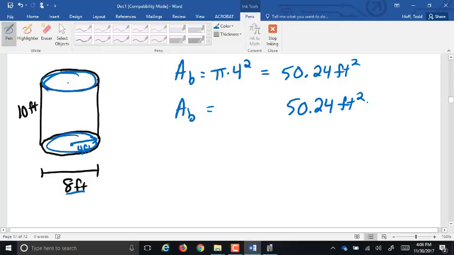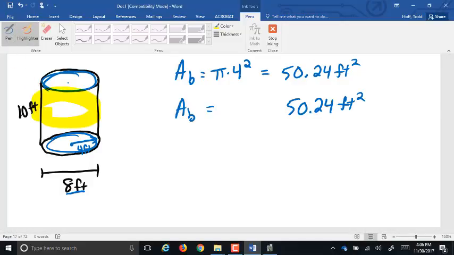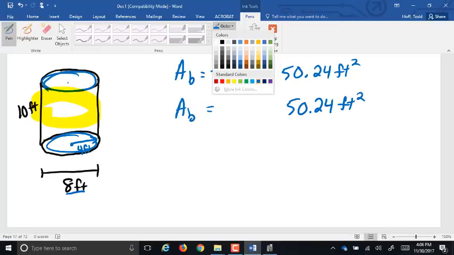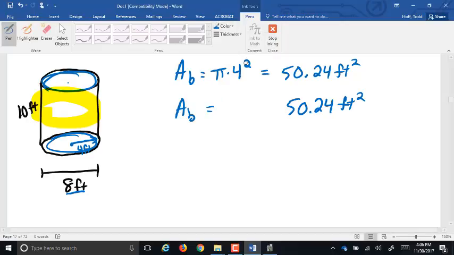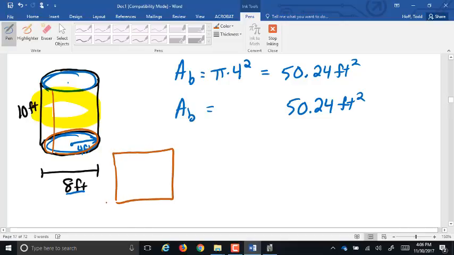Now you can see here in this case, this lateral area that wraps around here is not a bunch of rectangles that we can calculate and add up. But just like we did in that last problem, we can cut it up the side and unroll it. And as I unroll it, it becomes a rectangle.